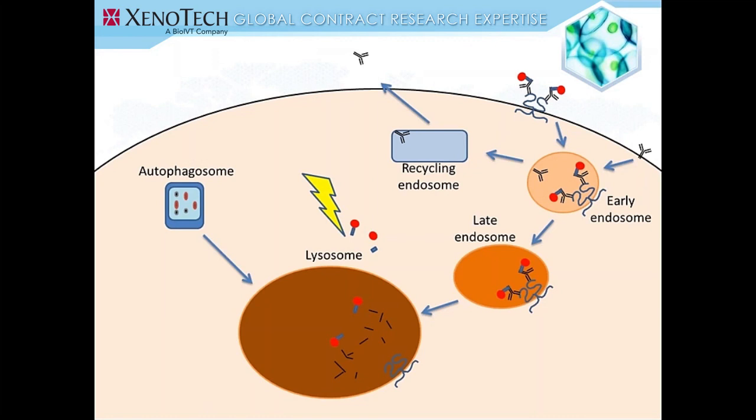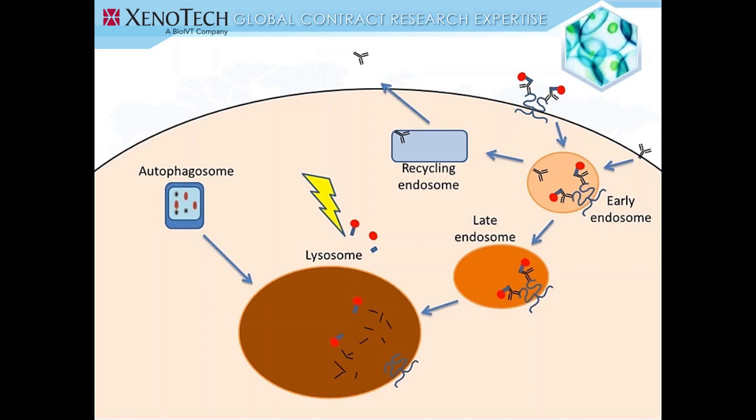Now this is just a very simplified cartoon of the endocytic lysosomal pathway. For this particular example, I'm just using an ADC, an antibody drug conjugate, as an example of how this might move through the pathway. As the ADC binds a receptor, the receptor complex is endocytosed and is trafficked to an early endosome.